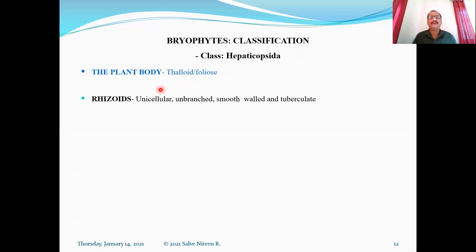Such a thalloid plant body has rhizoids, root-like structures for fixation and absorption, and rhizoids are always unicellular and unbranched in the case of Hepaticae. They are of two types, smooth-walled rhizoids and tuberculate rhizoids. Smooth-walled rhizoids have very smooth cell walls, whereas in tuberculate rhizoids, the inner cell walls are folded inwards to form peg-like structures to obtain minerals by capillary action.